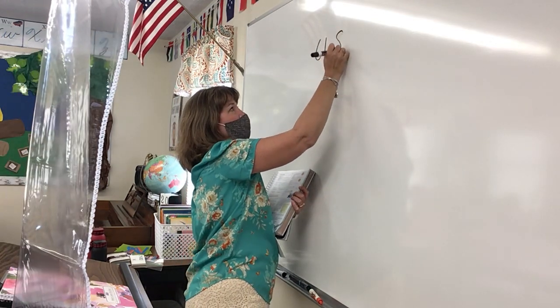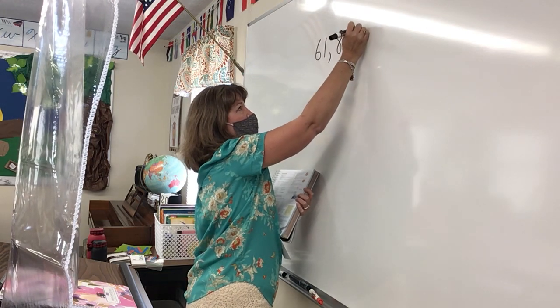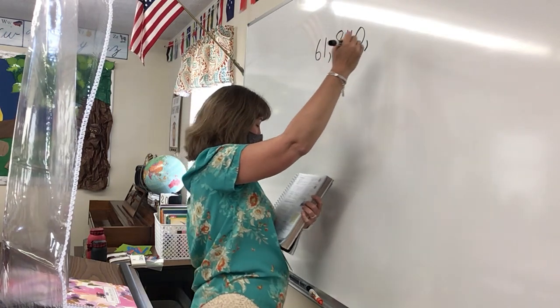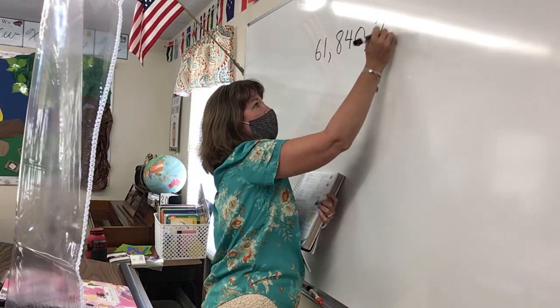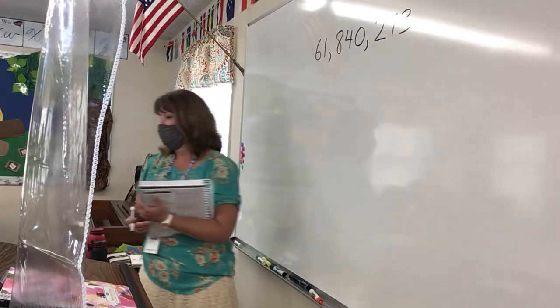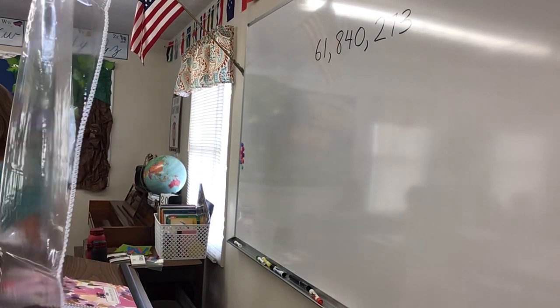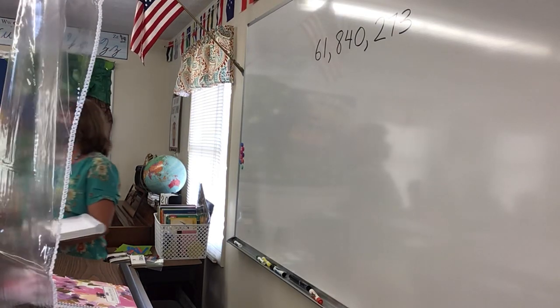So how do we write that? 840, comma, 273. All right, so write that next to where it says standard form, because we took the words and we wrote it in its standard form.